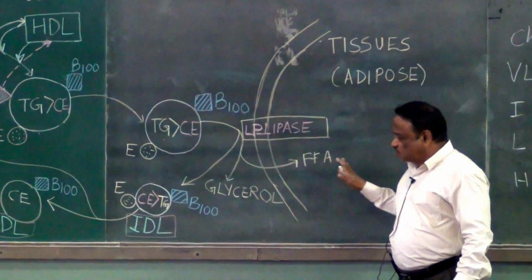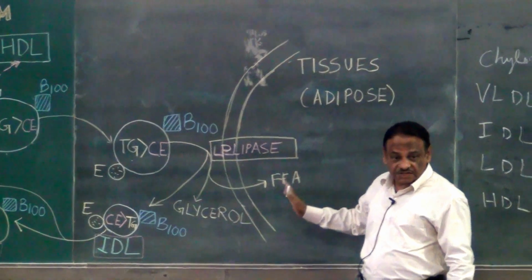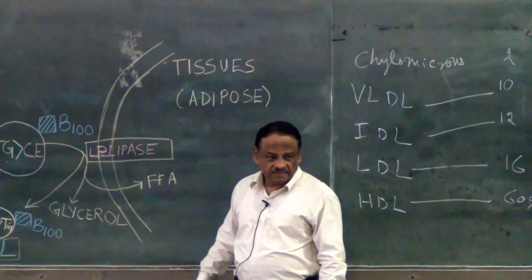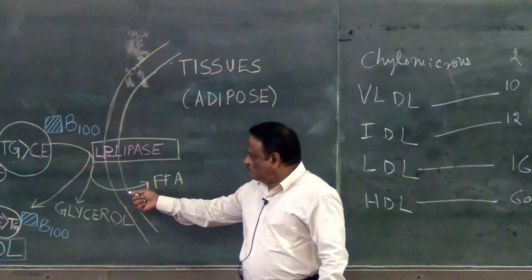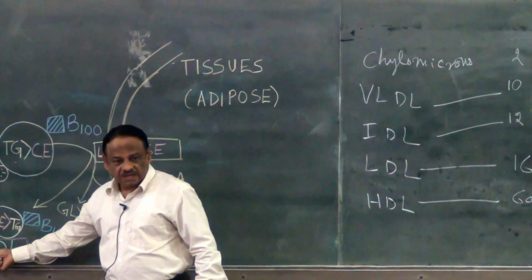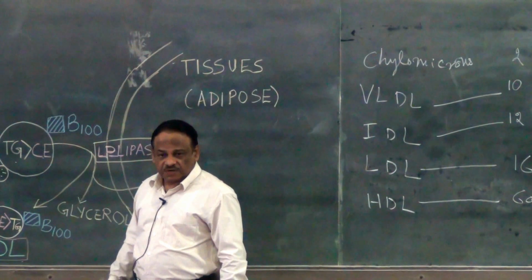So free fatty acids go into the tissues, and glycerol remains in the plasma. With this process, what is produced is IDL, an intermediate density lipoprotein.